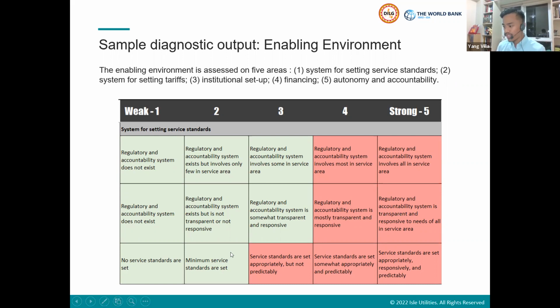However, what's worrying here in this assessment is that there's only a minimum service standards being set. And what's even more worrying is that these minimum service standards are not always monitored and not monitored systematically. Also, there is no accountability in place for some of these minimum service standards.